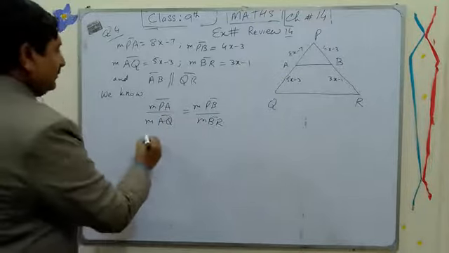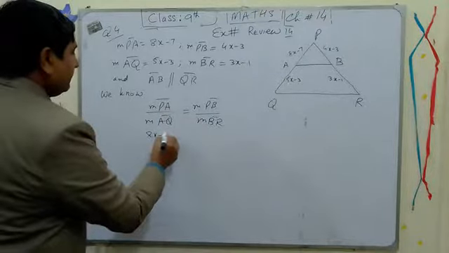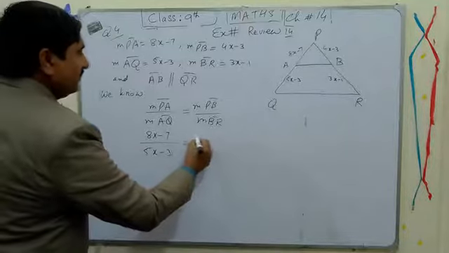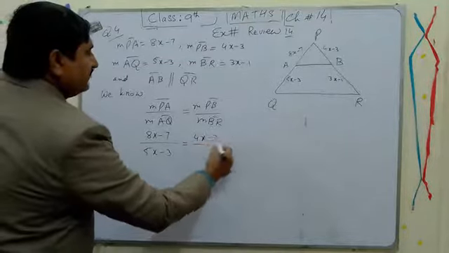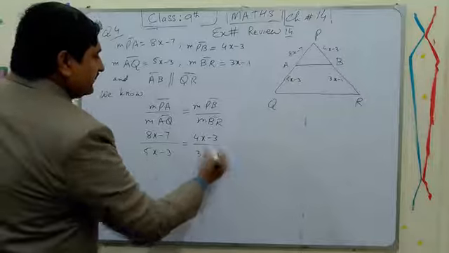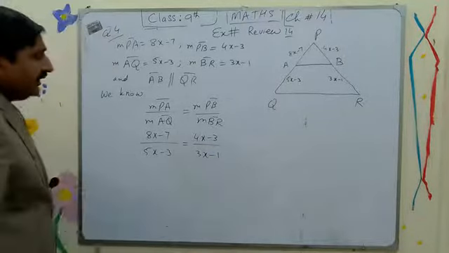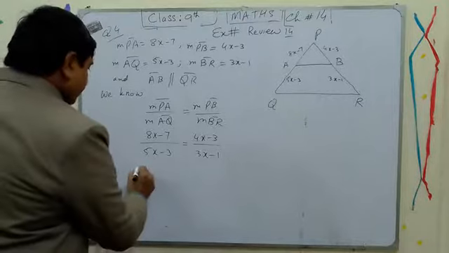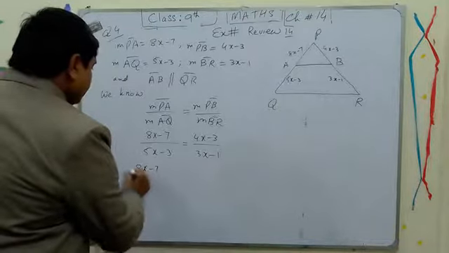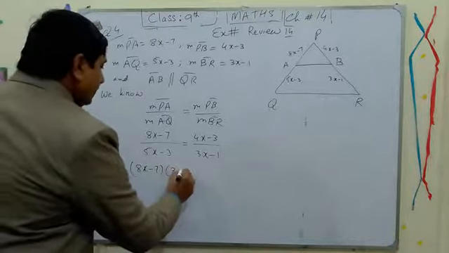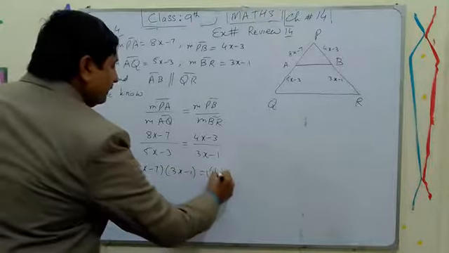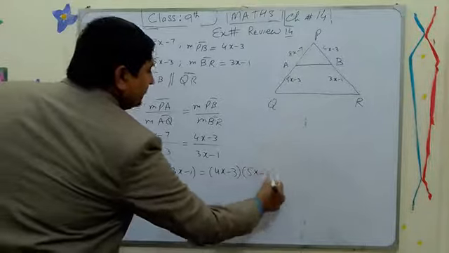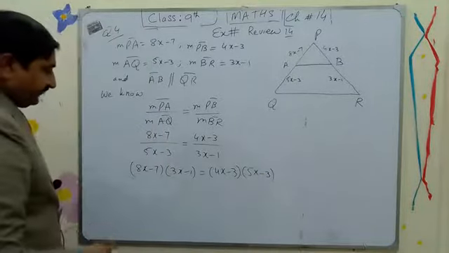So just put the values: 8x minus 7 over 5x minus 3 is equal to 4x minus 3 over 3x minus 1. Now we take a cross multiplication and we get 8x minus 7 into 3x minus 1 is equal to 4x minus 3 into 5x minus 3, right?